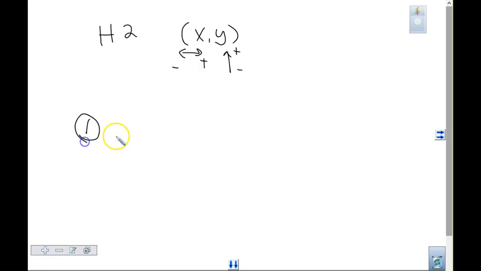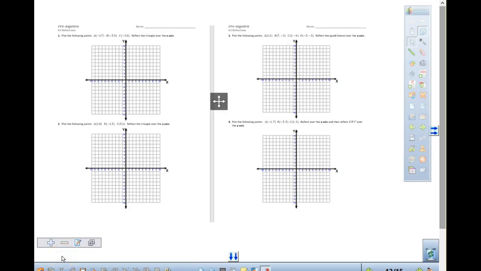Nick, have you started? Keep going. So, you're going to plot the triangle. That means you need to connect the dots, right? Make it a triangle. Put the letters, A by the point, B by the point, C by the point. And I'm going to put the A prime, B prime, C prime with it.